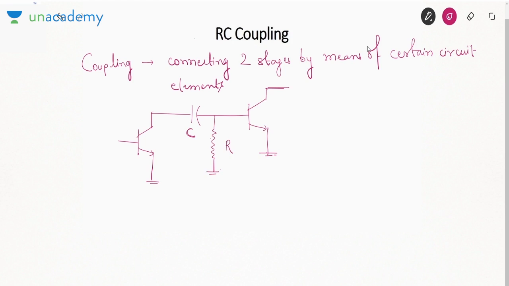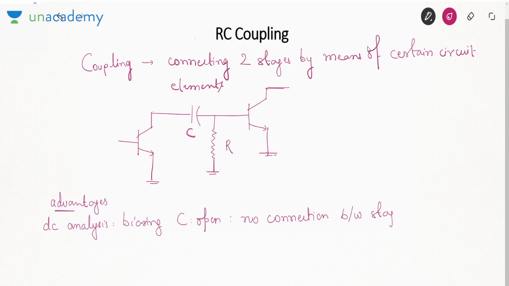Now what are the advantages of this kind of coupling? The advantages are that when we are solving for DC analysis, or you can say biasing, the capacitor will be treated as an open circuit. So it means there is no connection between stages. Or you can say the Q point of each stage is independent. Is my point clear?